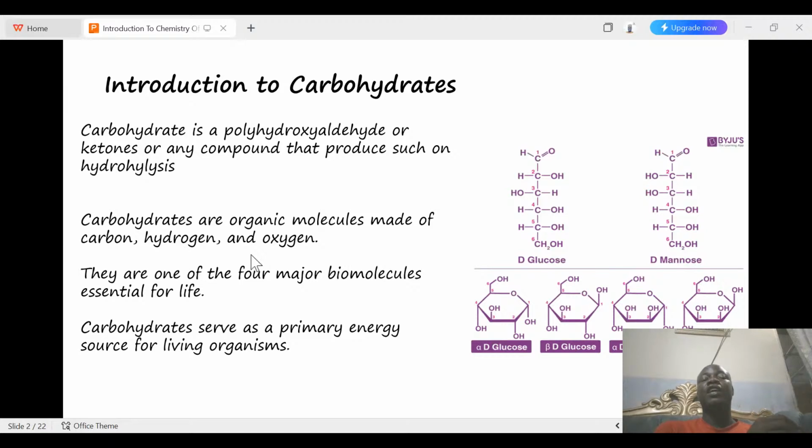And for alkanal it is A-L-K-A-N-A-L, alkanal. So as I said, when it comes to carbohydrates, you shouldn't forget that they have functional groups, and these functional groups are aldehyde and ketone.